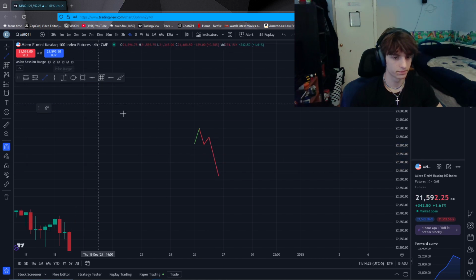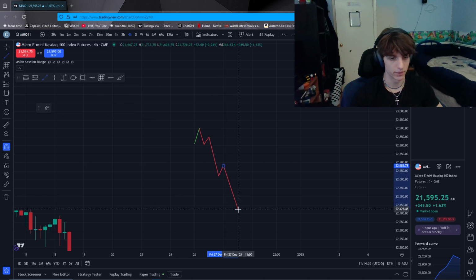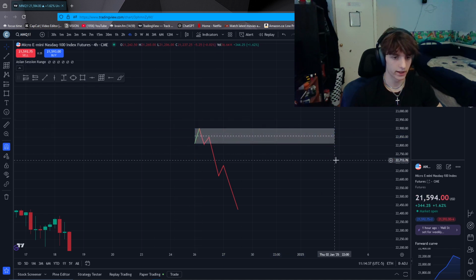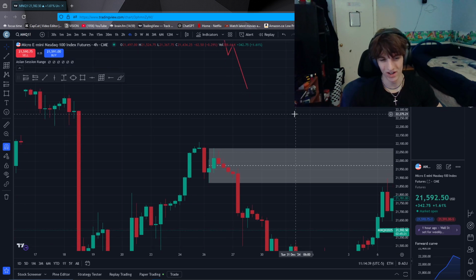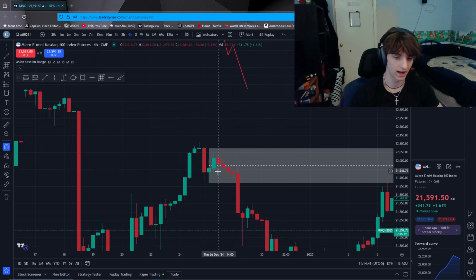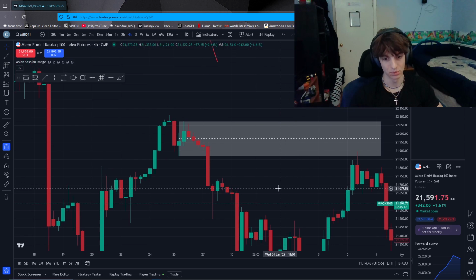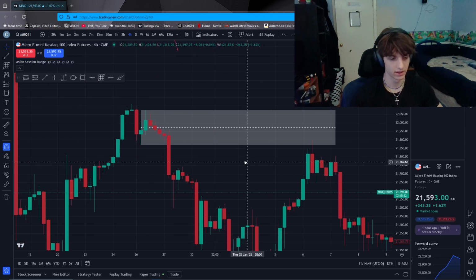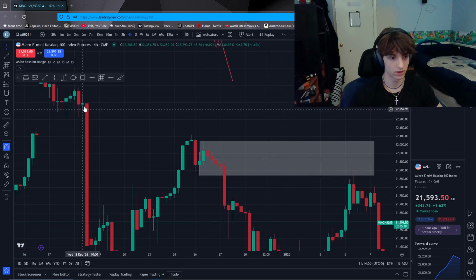All it is, the leg up before a big leg down. And I use between 1 to 3 candles. If the leg up before the big move down is more than like 3 candles, it's not very high probability. You would normally like to see 1 candle like this.